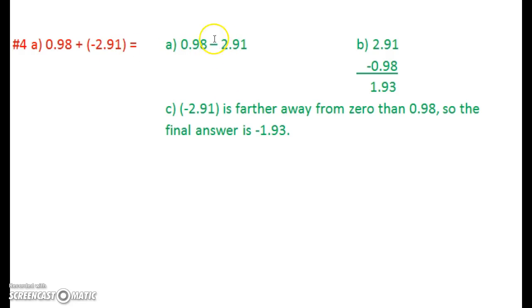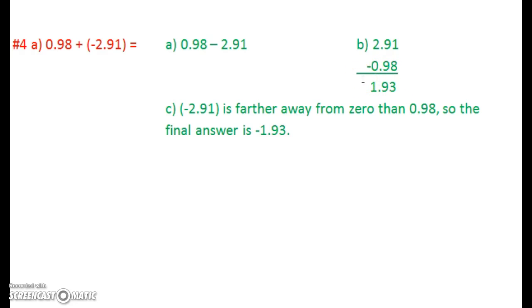So we can rewrite this as 0.98 minus 2.91. The second thing we're going to do is determine the difference between these two numbers. So here we can subtract as you would subtract something like 7 minus 4. And when we do that, we are going to end up with 1.93.